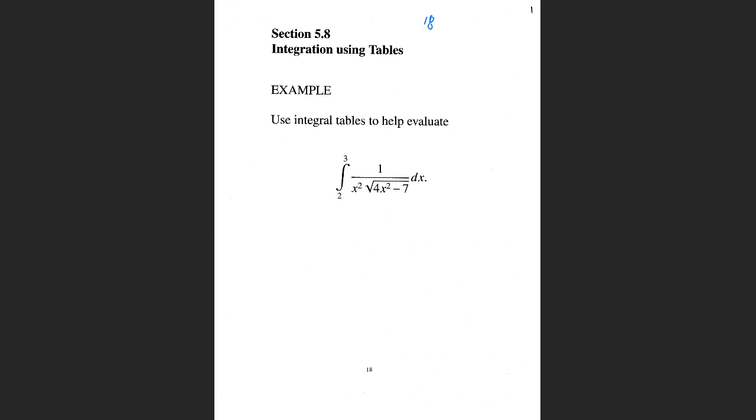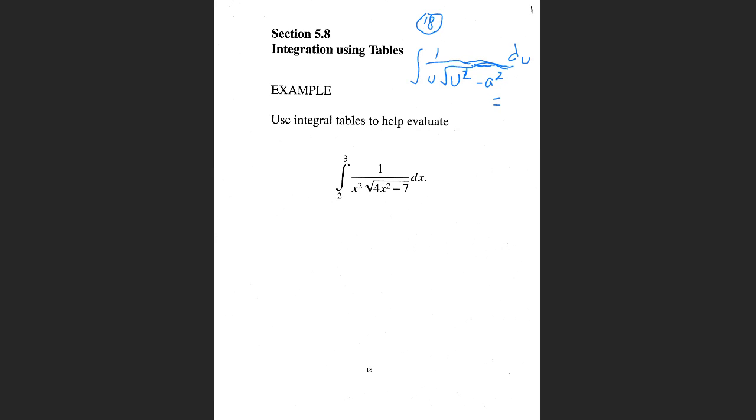Formula 18 has the integral of 1 over u times the square root of u squared minus a squared du. And that's going to equal something, okay? So let's see.